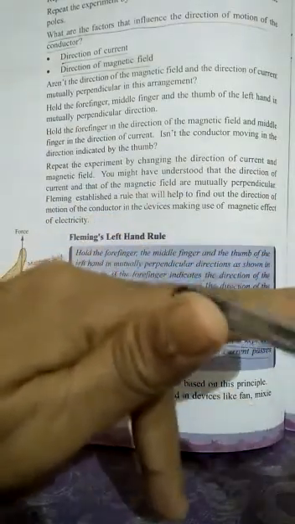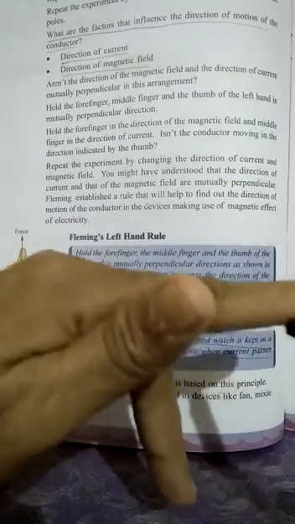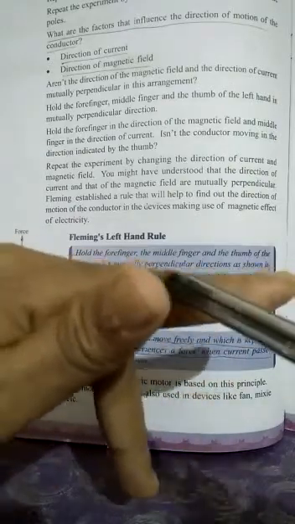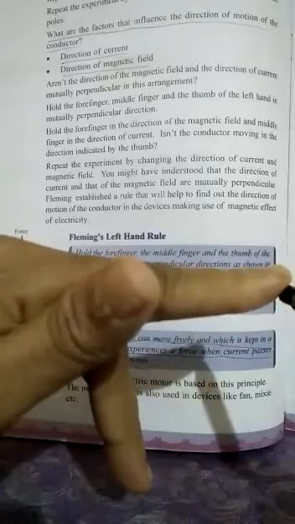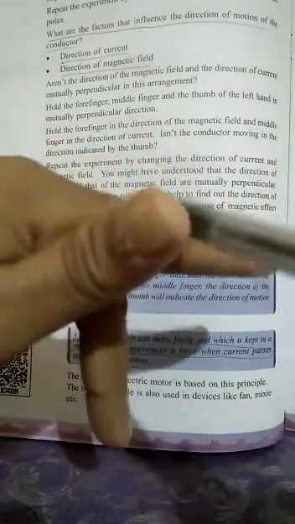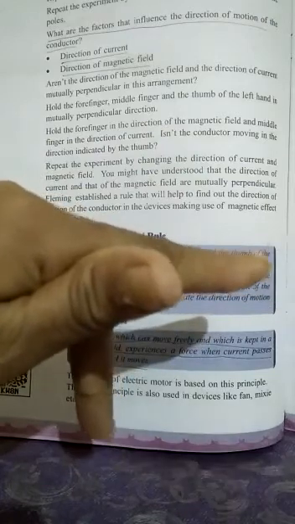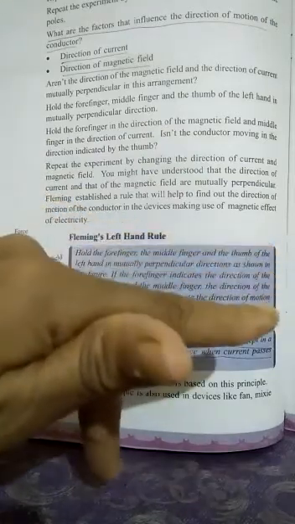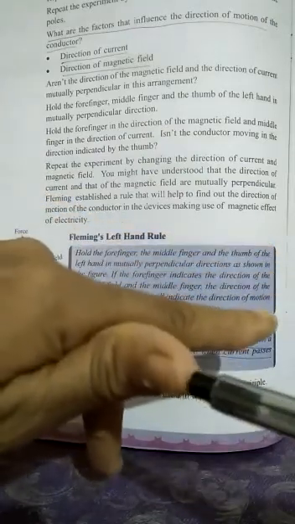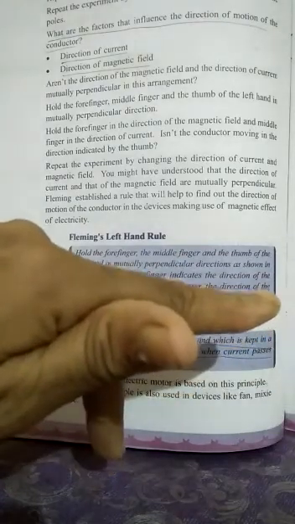If the forefinger points towards the magnetic field and the middle finger points towards the direction of current, then the thumb will point towards the direction of motion of the conductor, or the direction of force acting on the conductor.